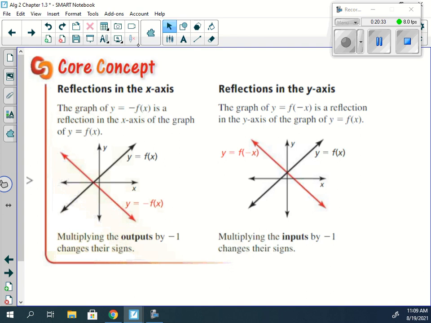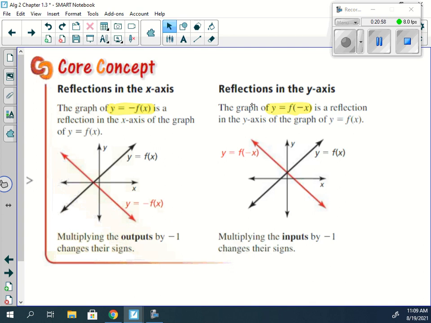With the reflections in the x-axis, let me just get the highlighter out again. We're going to be dealing with y equals negative f of x. So we're going to be applying the negative to the outside of the function, or applying it to the function itself. Whereas the reflection in the y-axis, we're going to do y equals f of negative x. We're applying it to the x.